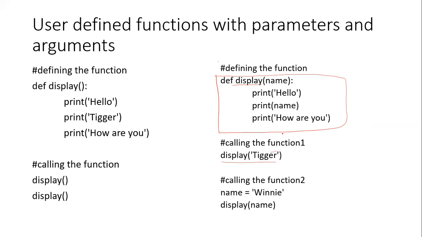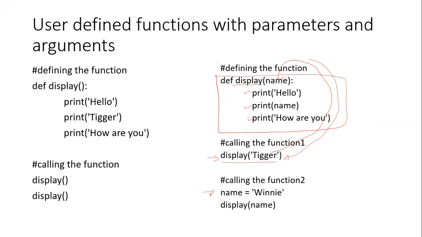So when I run the program, remember, Python will ignore this block. And at this stage, it calls the function and it sends the value Tigger. So the parameter name has the value Tigger. It's going to print hello, Tigger, how are you? And it's then going to go back to where it came from. And it goes to the next statement.